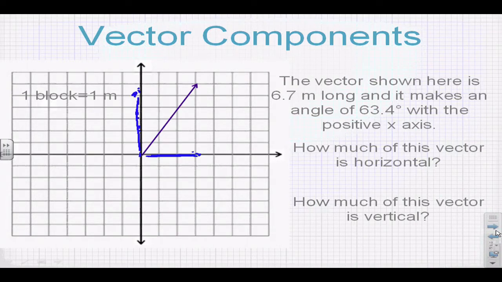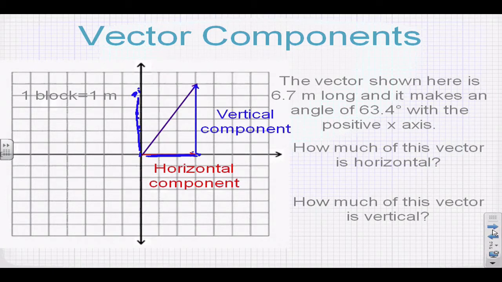The projection on the x-axis tells us about how much of this vector is horizontal, and the projection onto the y-axis tells us how much of the vector is pointing in the vertical direction. We call these components. The horizontal part of the vector is a horizontal component. The vertical part of the vector is called the vertical component.